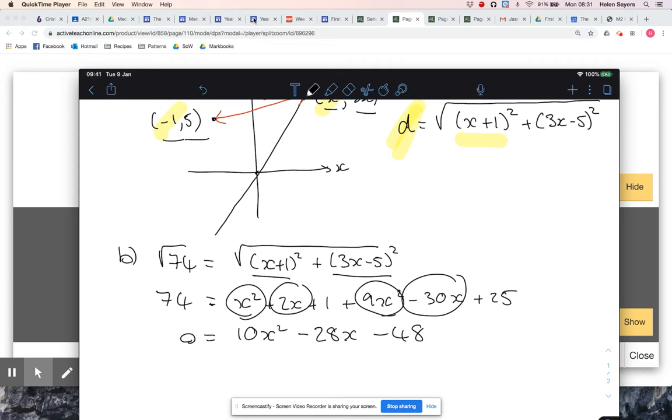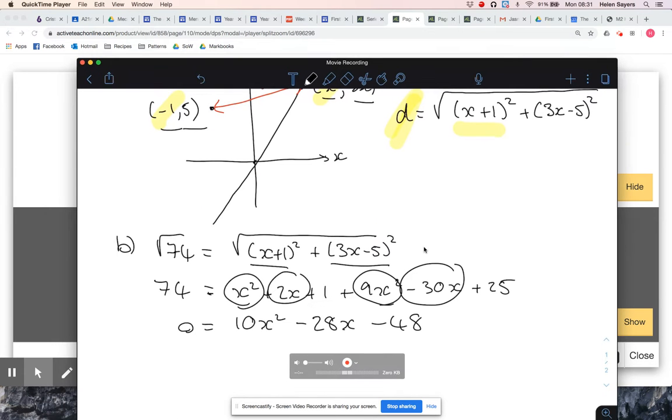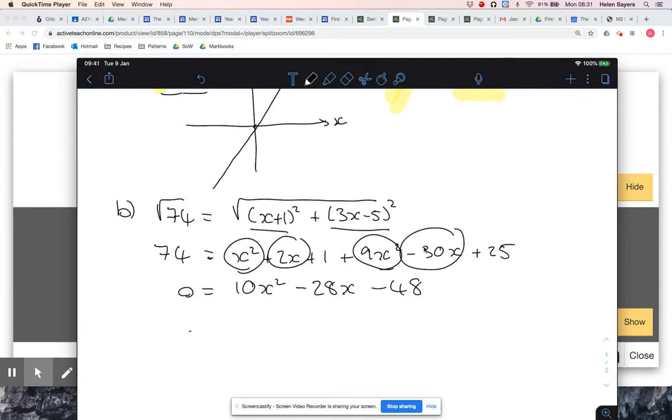Okay. It did say coordinates of the two points B and C, so that's good. I've ended up with a quadratic because I'm expecting two solutions. You can just put that straight into your calculator. I'm going to hazard a guess that it probably factorizes, though you would be absolutely fine just to put this into your calculator.